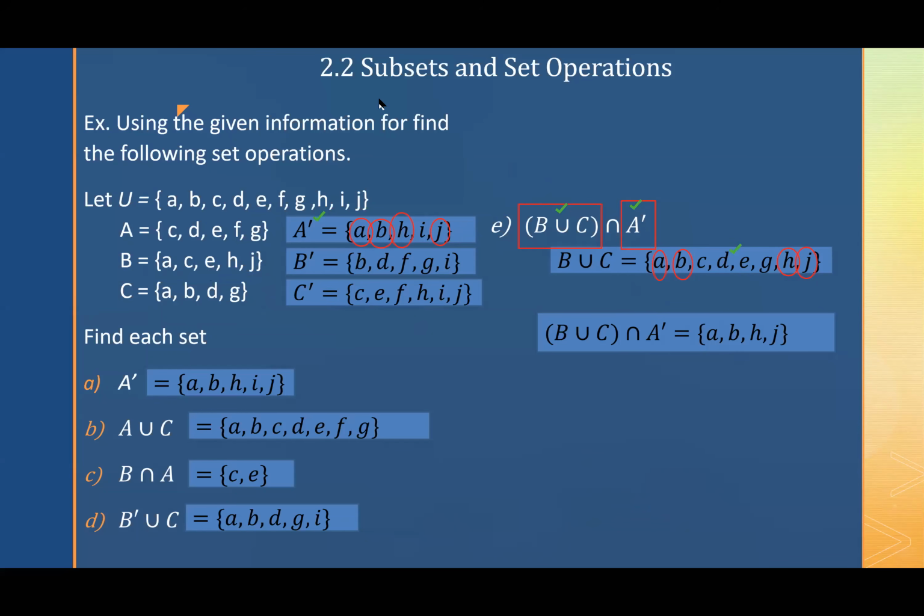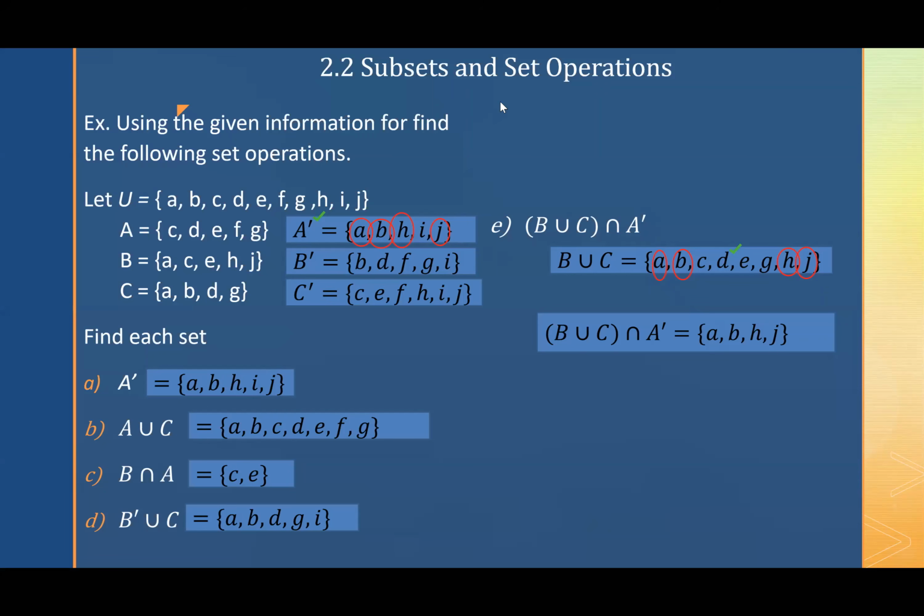If you read that, what you have to identify is the items inside either B or C, the union of B and C, and not in A, or outside of A, okay? So those are the items that they share.